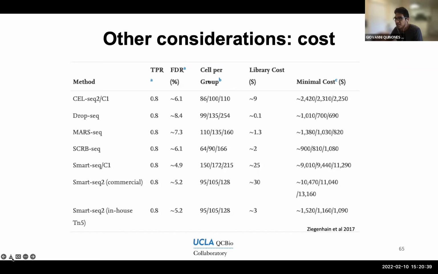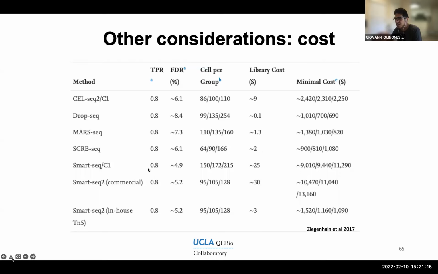So you see also that for different technologies, the amount of cells that you're getting for the same number of reads is going to be different. And over here, this is the estimated library cost for 1 million reads. You can see clearly that it varies a lot from one technology to another, ranging from $0.1 up to $25 or $30 per million reads.